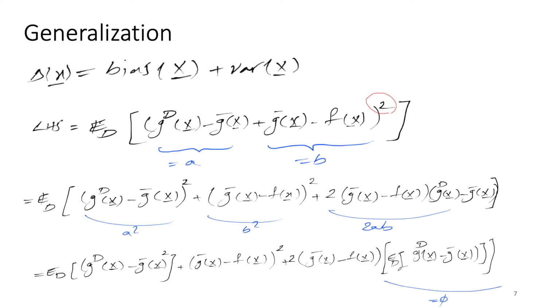So we knew that this one was 0. We computed it before. So this 0 was all this multiplication. Thus the final value is again the same as your value of variance and bias, right? So this shows that your delta x, the average test error, is equal to your variance plus bias.